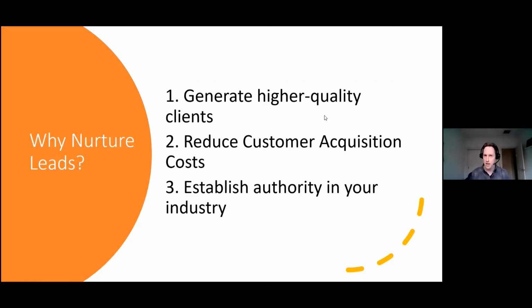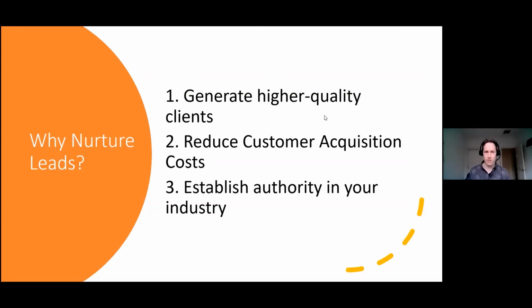Ultimately, through that system, they feel like they get to know more about what you offer, and as a result, they become a high quality client rather than just anyone that comes through the door.